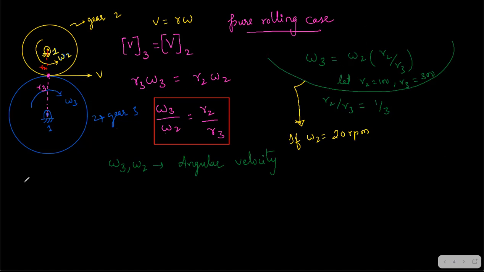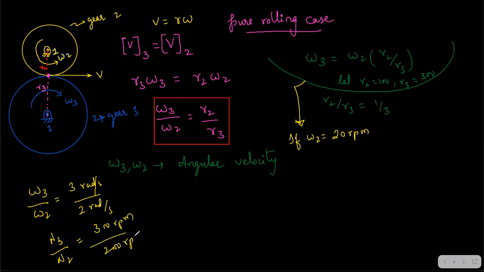For example, omega 3 by omega 2 is 3 radians per second by 2 radians per second. The radian per second cancels out, so there are no units. If I take n3 by n2, say 300 rpm and 200 rpm, the rpm cancels out and it is still a 3 by 2 ratio.